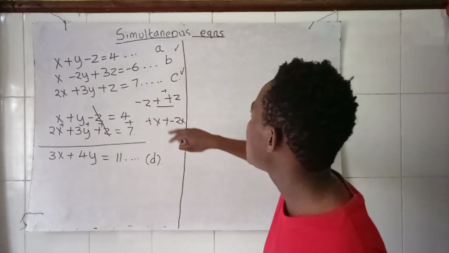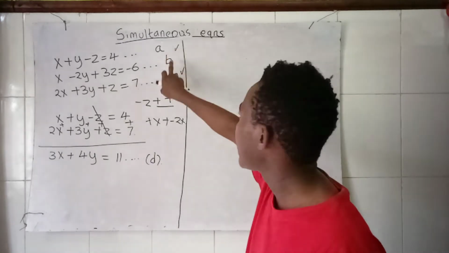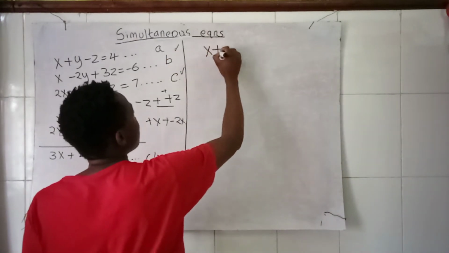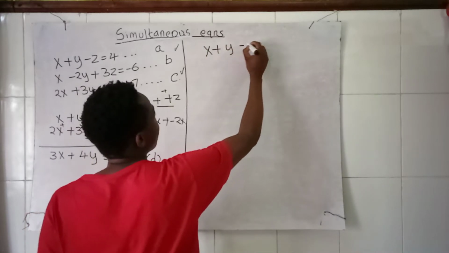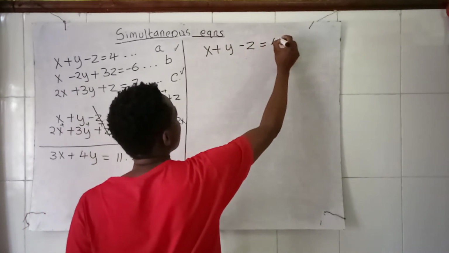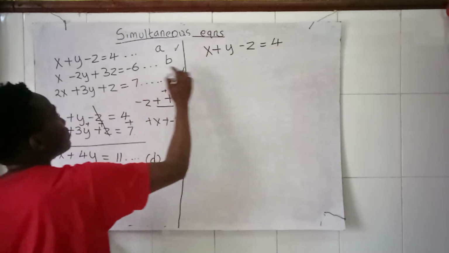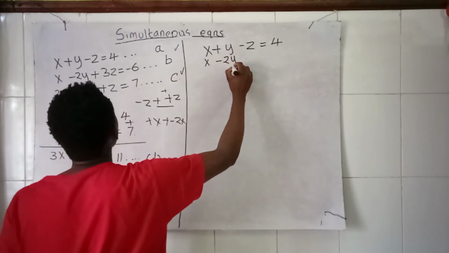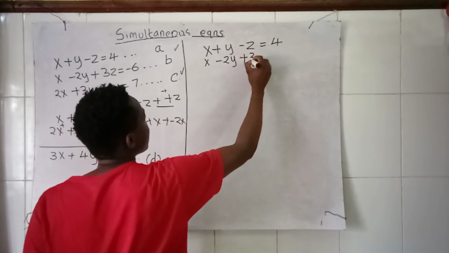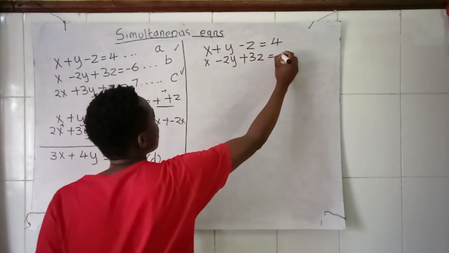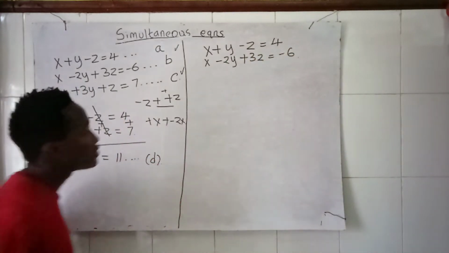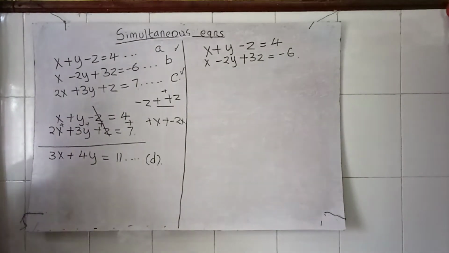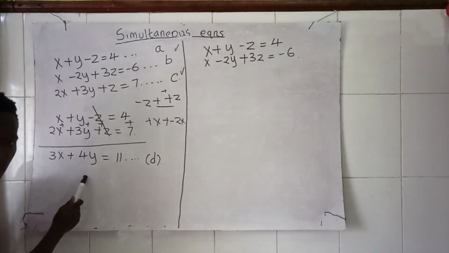Let me now consider equation A and B. So for A and B, x plus y minus z is equals to 4. Equation B, x minus 2y plus 3z is equals negative 6. So hapa tuli eliminate z, tukabaki na x and y.